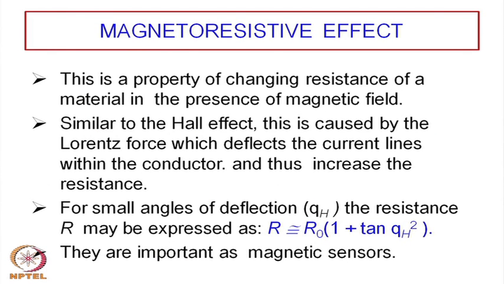Well, that is all more or less about the bulk materials. So far as the magnetic properties of the bulk materials are concerned, we have another property that is called the magneto-resistive effect. This is a property of changing resistance of a material in presence of a magnetic field. So, there is a strong correlation between the magnetic field and the electrical field. This is something related to the Hall effect, very similar.